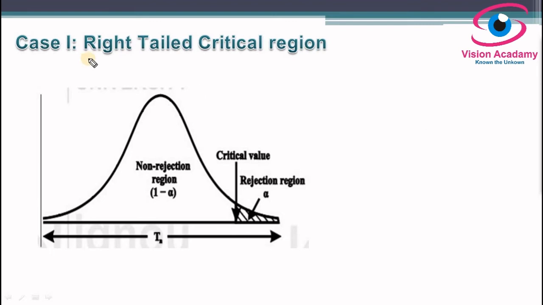And one more thing you might be thinking: how to decide right-tailed critical region or left-tailed critical region. You will understand that, deciding the type of tailed test, in one more lecture of mine. But for your understanding, I will tell you here how to decide right-tailed or left-tailed.